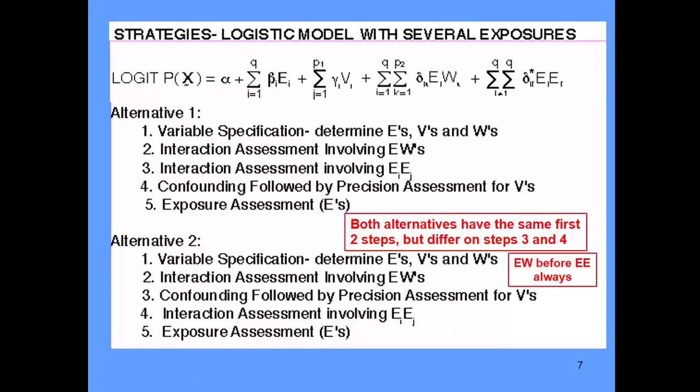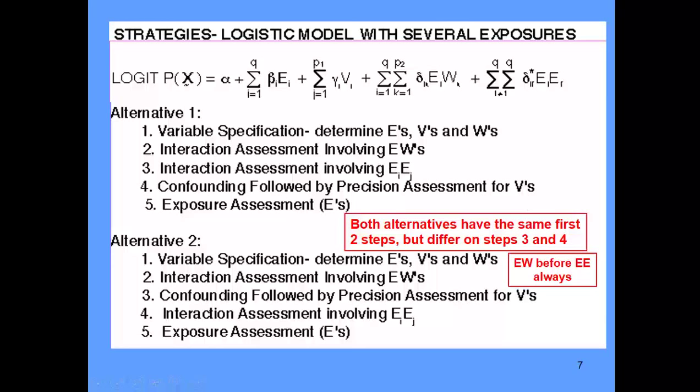It's sort of six of one, half a dozen of the other. I don't know what the right expression is, but either one of them makes sense in a way. Alternative one really says to consider interaction before you consider confounding entirely. Do the EW first, the EE second, but don't start dealing with the V's until you deal with interaction.